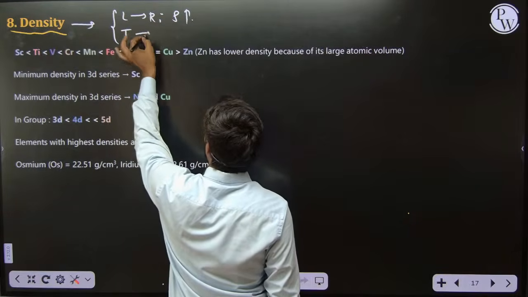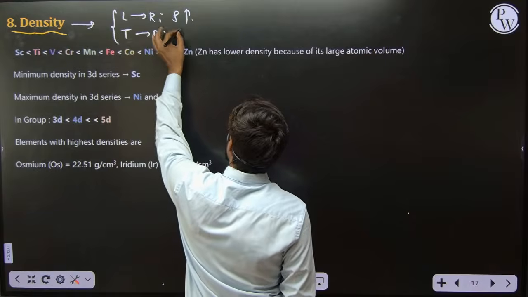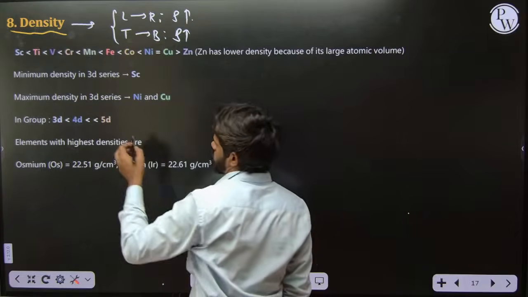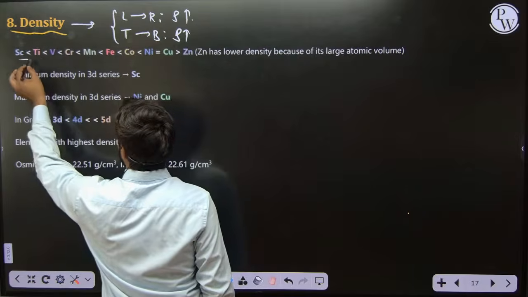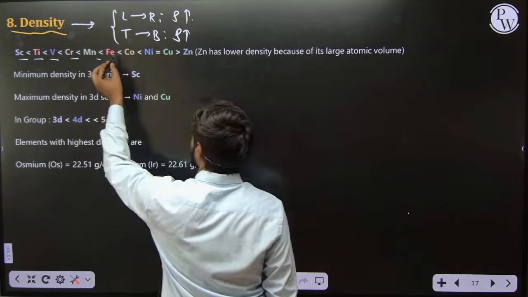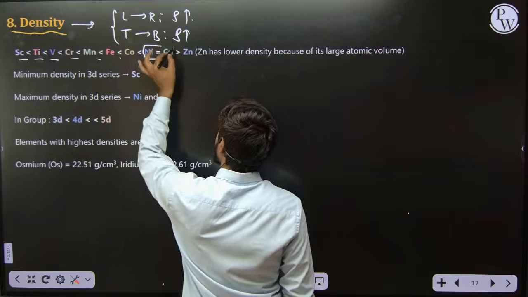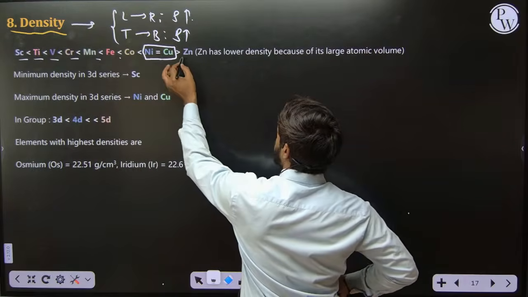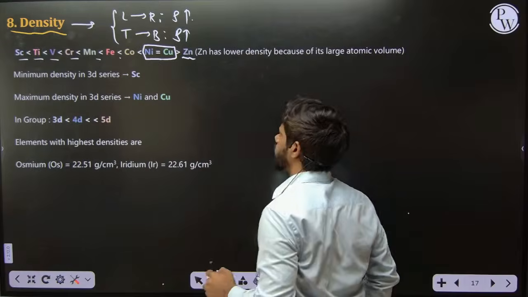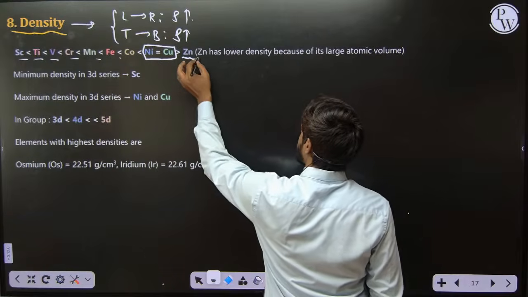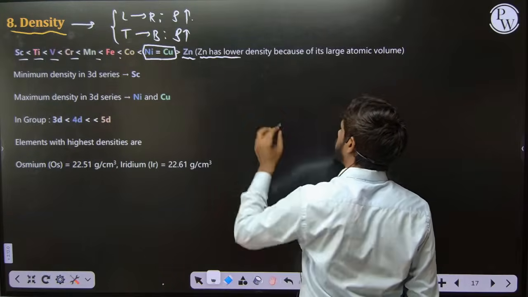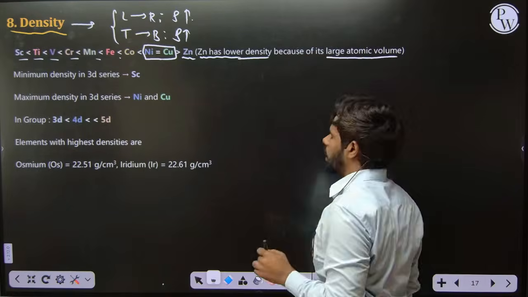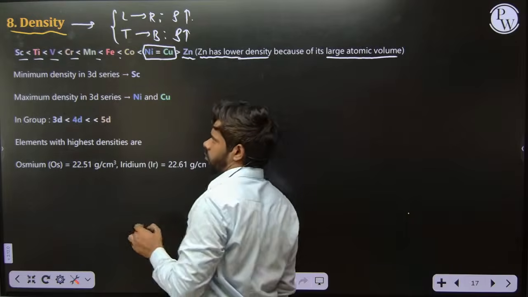Scandium is less than titanium, vanadium, chromium, manganese, which increase. But in the case of nickel and copper it is the same, and zinc is less. Why is zinc less? Zinc has a lower density because of its larger atomic volume.